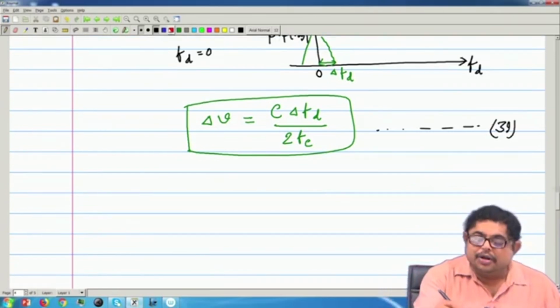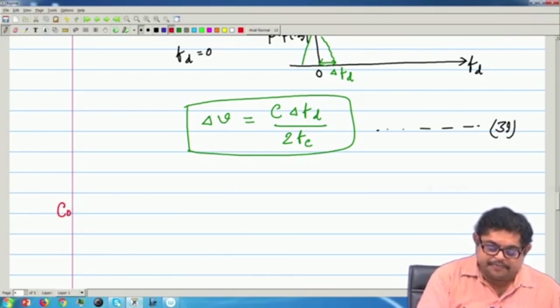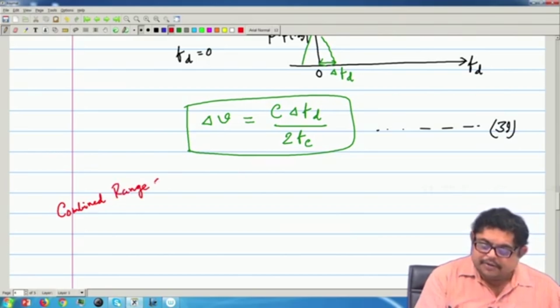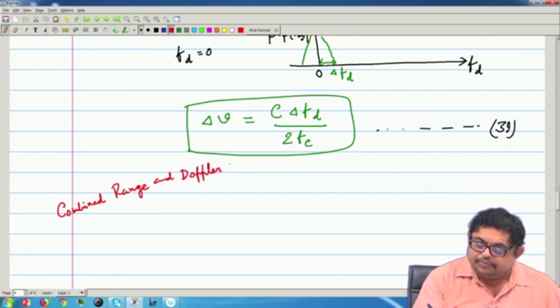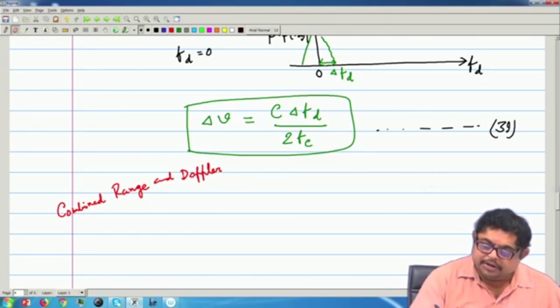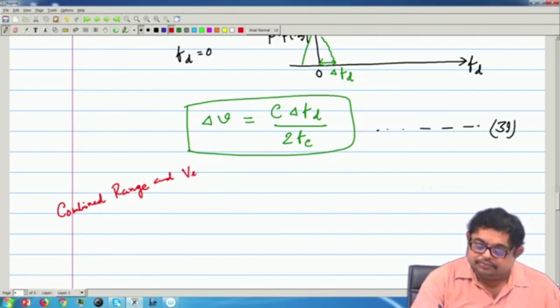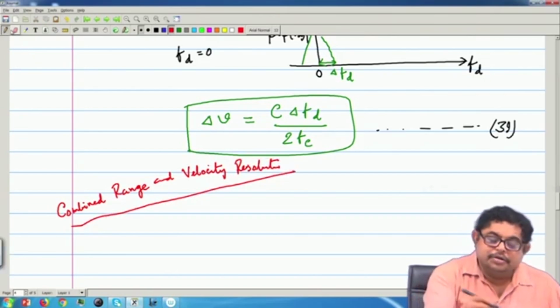So, I will call that the combined range and Doppler, or velocity, let us say. So, this will be now.